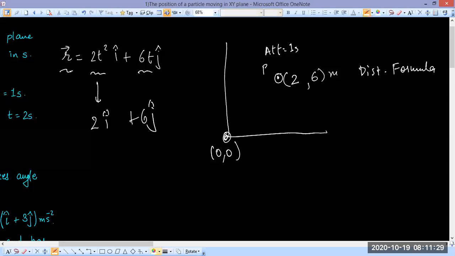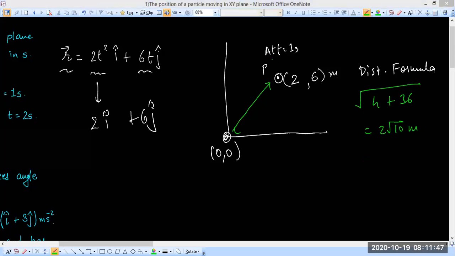The distance is nothing but under root 4 plus 36. So the answer is going to be 2 root 10 meter.